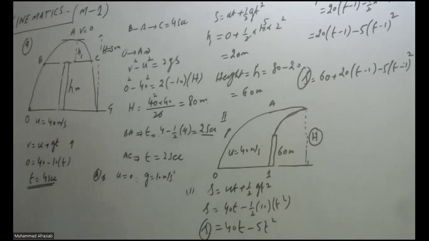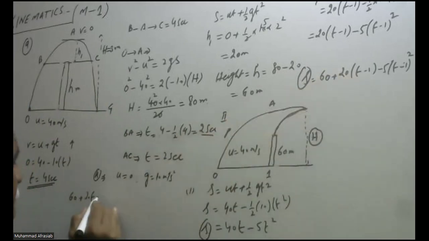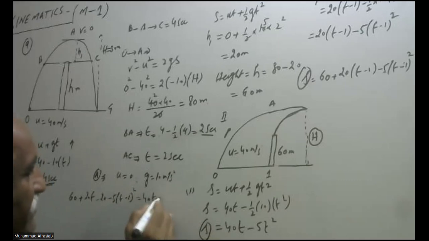So we can make the equation of this portion: 60 plus 20t minus 20 minus 5 into t minus 1 square, that should be equivalent to this height, that is 40t minus 5t square.